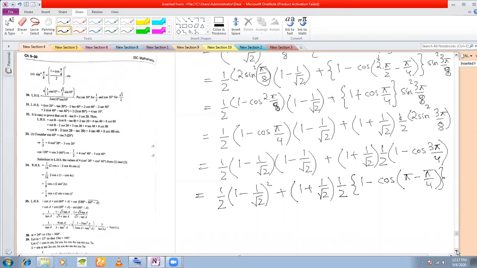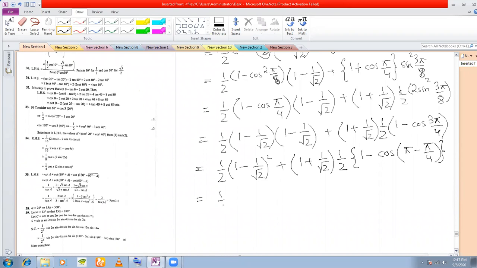Okay, so this becomes half 1 minus 1 by root 2 whole square plus 1 plus 1 by root 2 into half into 1 minus cos 2 into pi by 2 minus pi by 4.